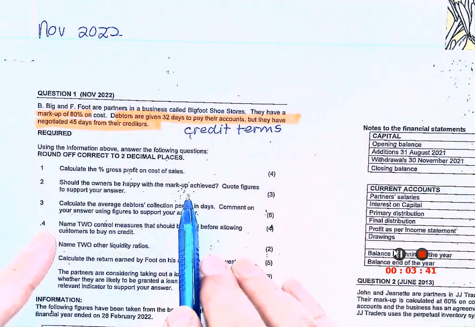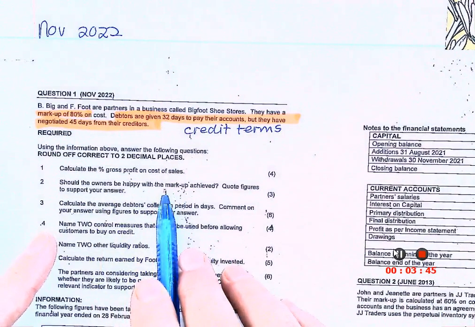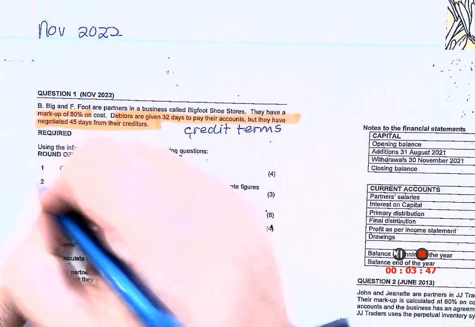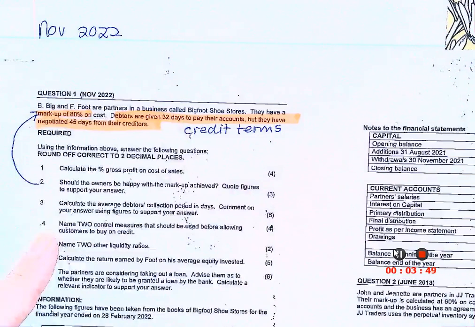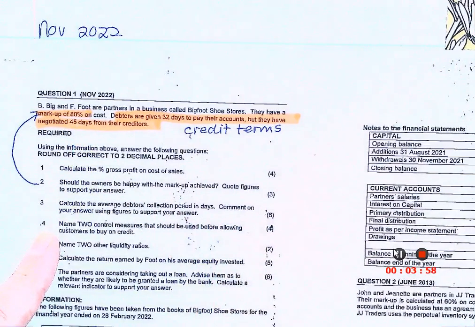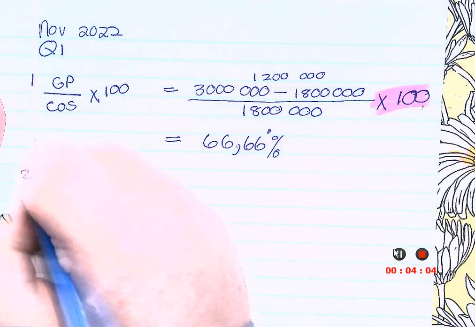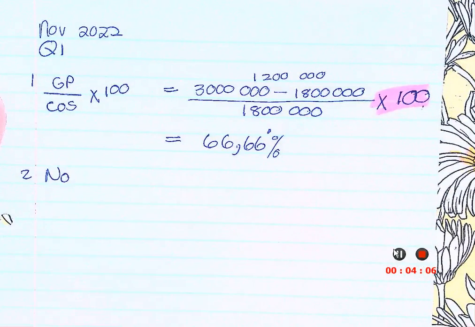Now, what are you going to do? When they ask this, you're going to compare it with the markup that they told you about right there at the start. And what did they say? What's my markup? 80%. Now, they say, quote figures to support your answer. You're going to say, no, you shouldn't be happy.